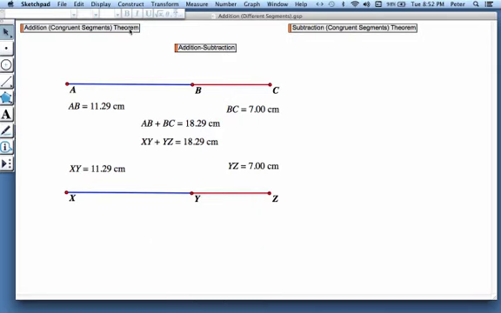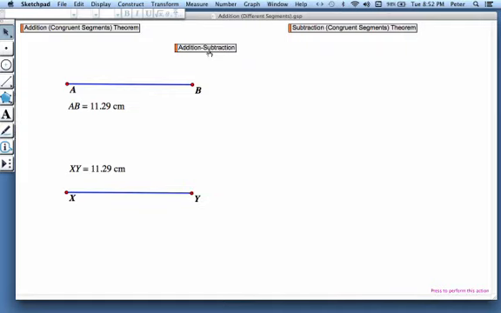Let's take a look. If we were to be given that AC, the long segment, was congruent to XZ, the long segment, and we were to subtract the congruent segments BC and YZ, or the red segments, it stands to reason that the blue segments would also be congruent.